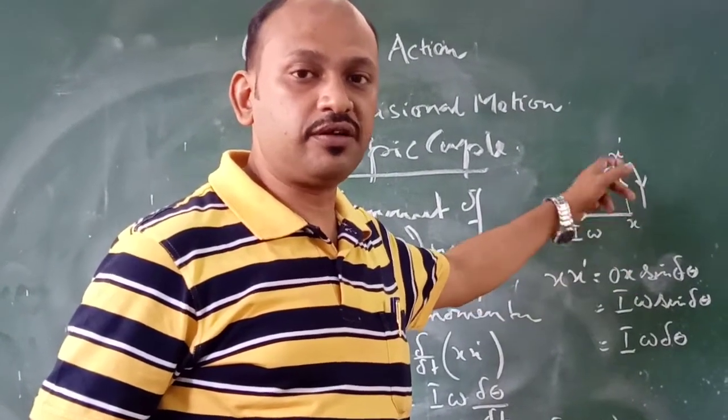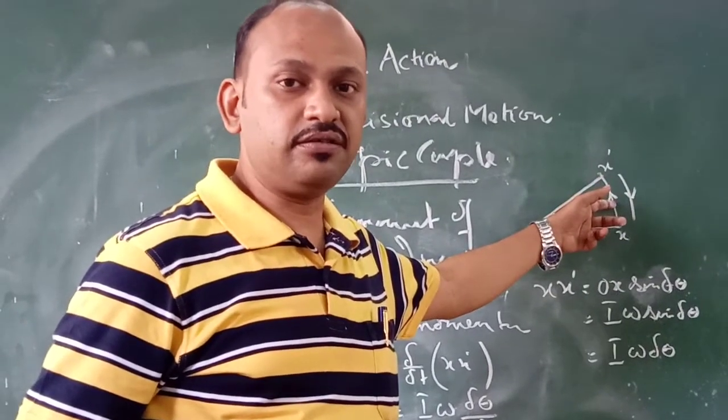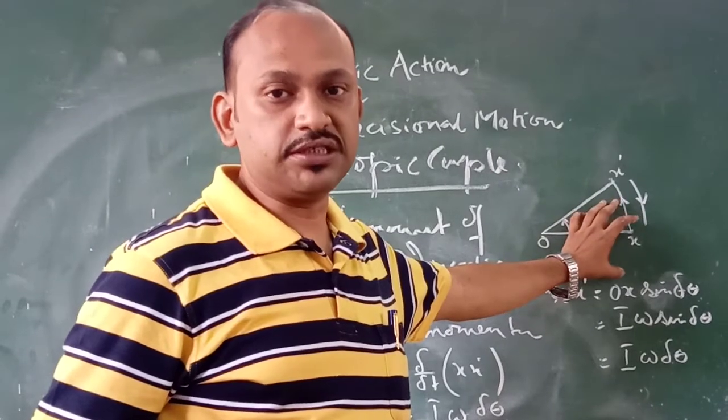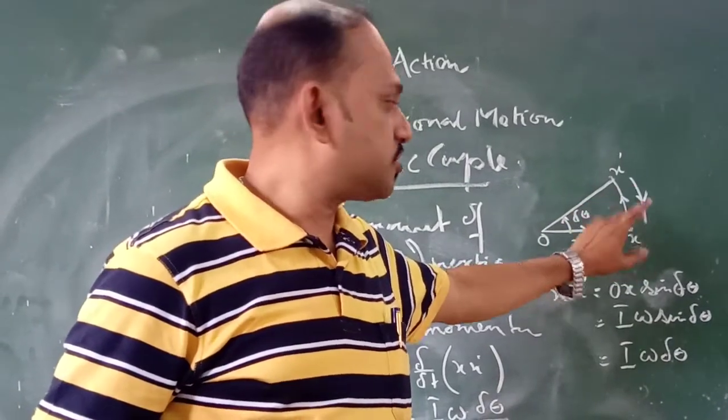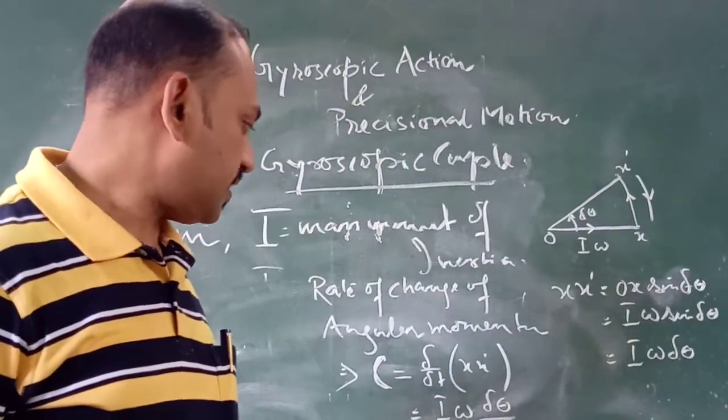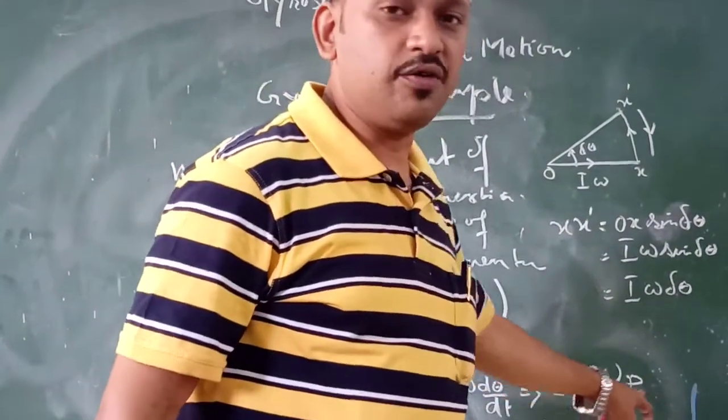Otherwise, due to the effect of this extra couple acting on the system, it will be disturbed from its dynamic equilibrium condition. So these are the directions for active and reactive gyroscopic couple, and the magnitude is I omega omega p.